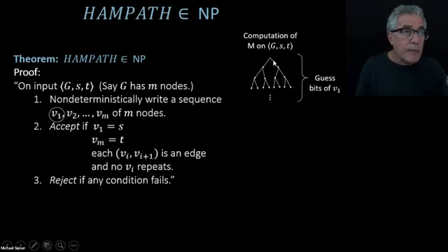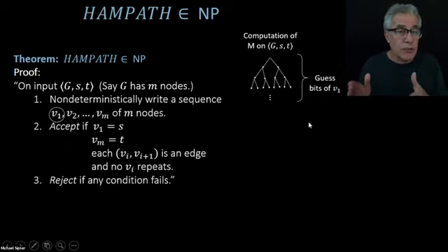So here, maybe this could be 1, 0, 1 representing the number 5, which might be the very first node that I'm writing down in my sequence. Some other branch is going to write down node number 6. Some other branch is going to write down node number 2. Because non-deterministically, we're making all possible choices for V1. That's what I'm trying to show in this little part of the computation of M on this input.